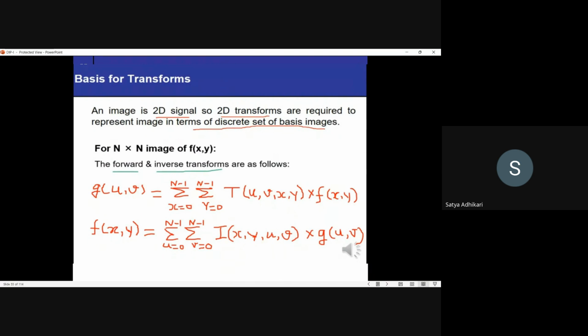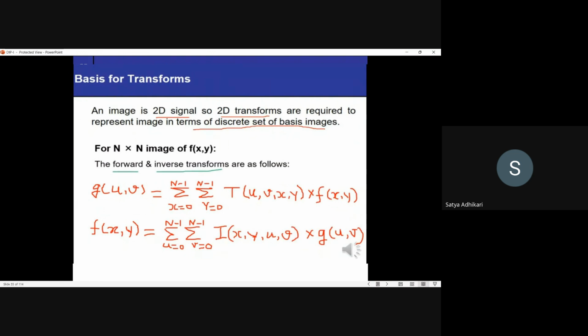And suppose after that you again want to convert B to A, the original form. You need here the inverse transformation to get your image in the original form. So that is why two transforms are required, one is forward, another is inverse transformation.